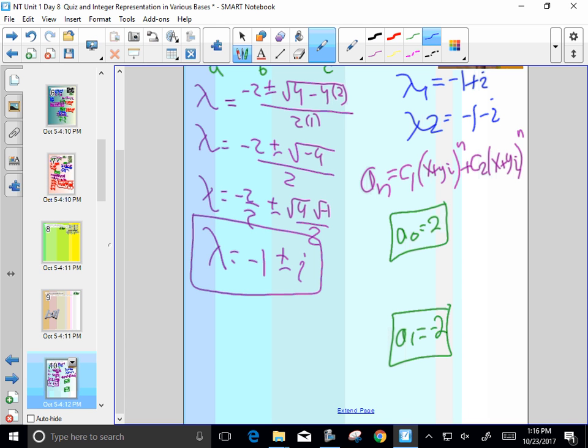So we have A0, and n, of course, is 0. Here, n is equal to 1. And I'm going to say that 2 is equal to C1 times lambda 1 to the 0 plus C2 times lambda 2 to the 0. So you can see how 2 is equal to C1 plus C2.